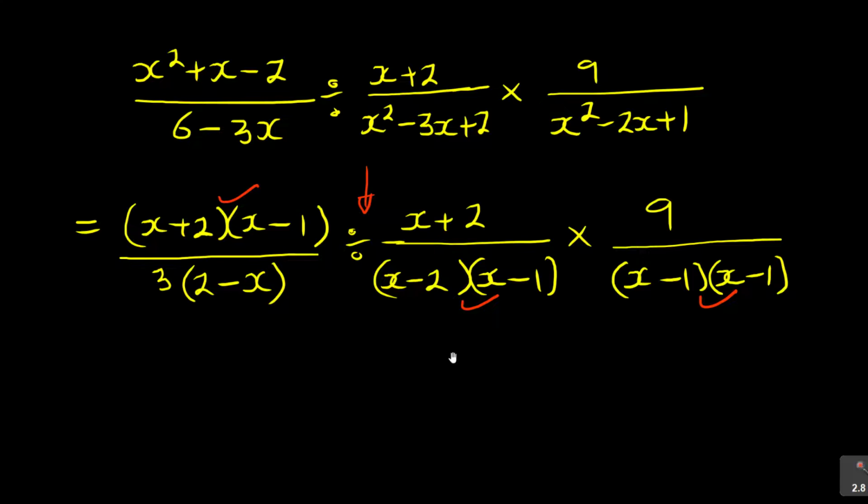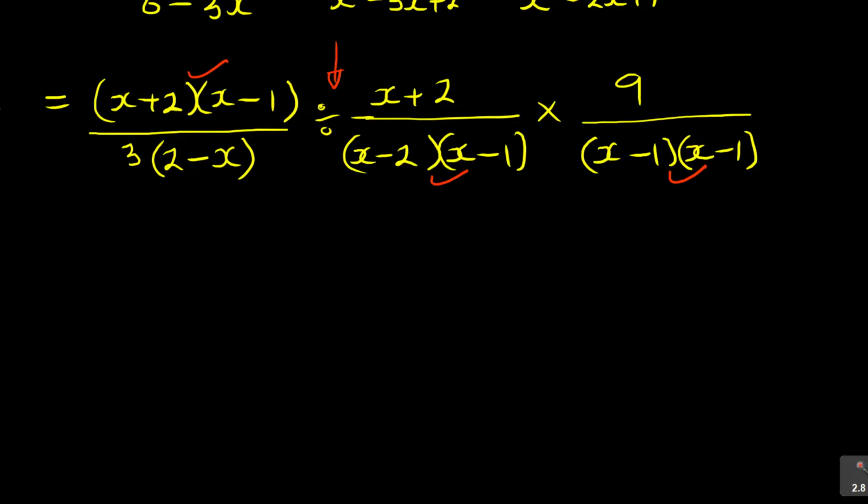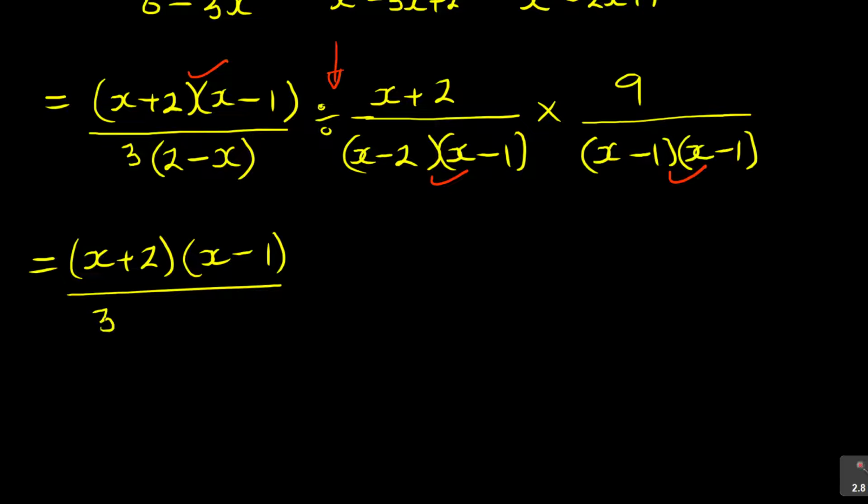Remember, if it's a division, what do you convert it to? To a multiplication. So you're going to have x plus 2 and x minus 1 over 3 into 2 minus x. Then you say times. When you say times, you invert this fraction. The top goes to the bottom and the bottom goes to the top.